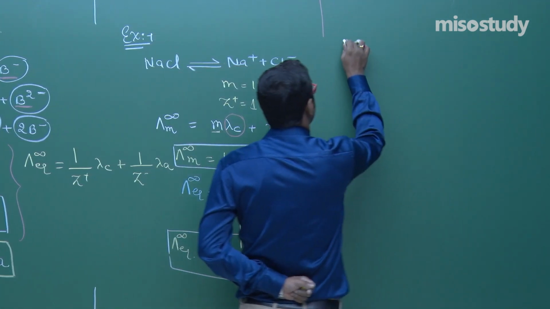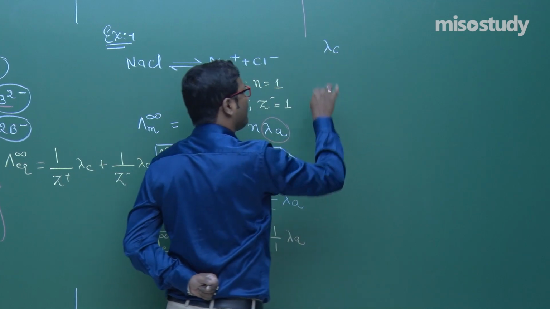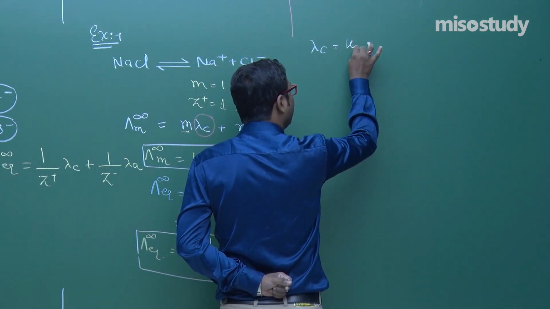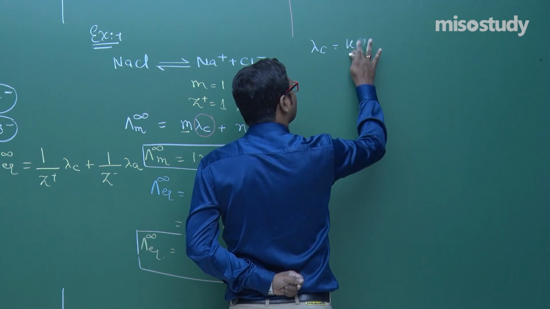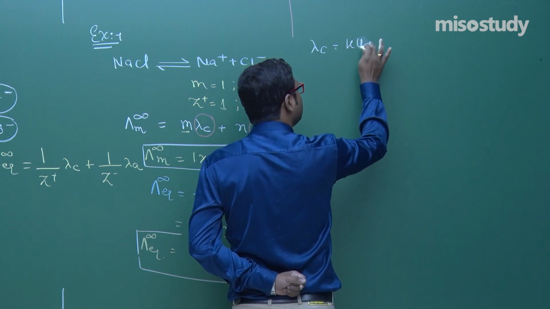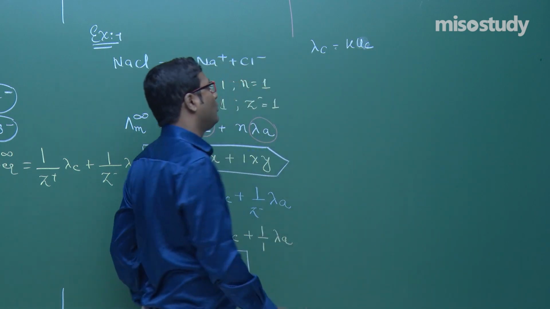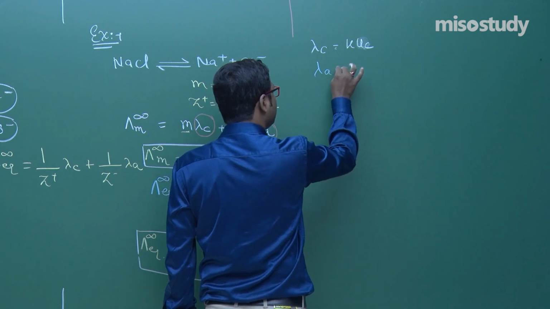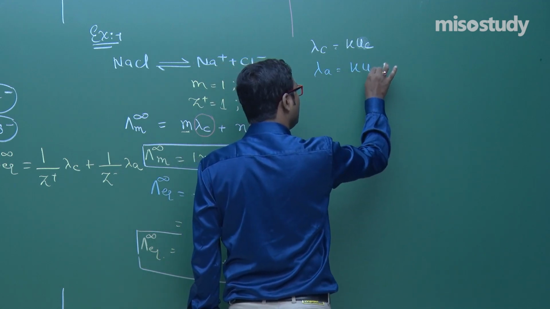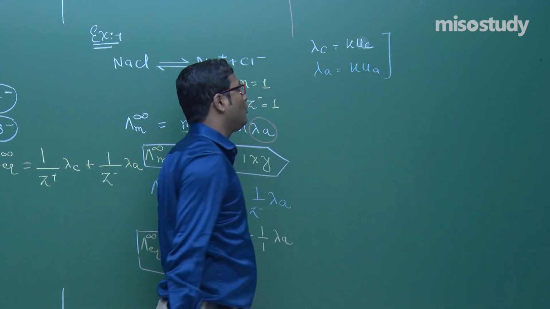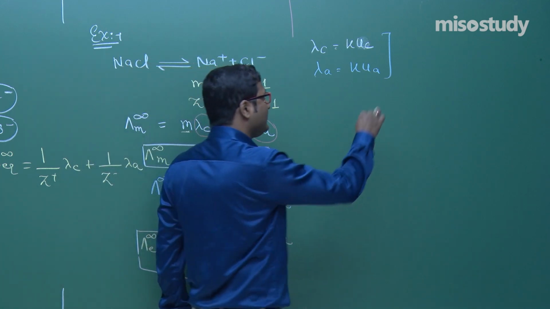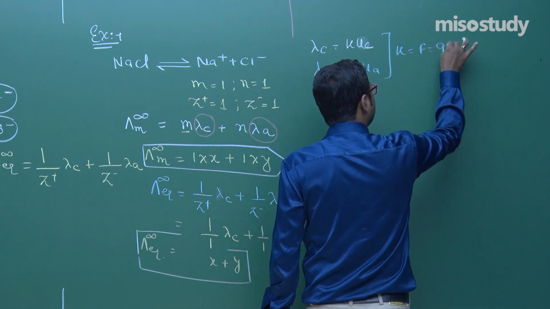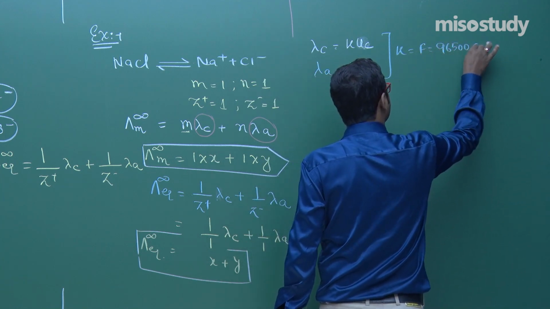The relation is: ionic conductivity of cation is equal to K multiplied by the ionic mobility of cation, mu C, and conductivity of anion is equal to K multiplied by mu A. If anyone asks what K is, K is 1 Faraday, which is equal to 96500 coulomb.